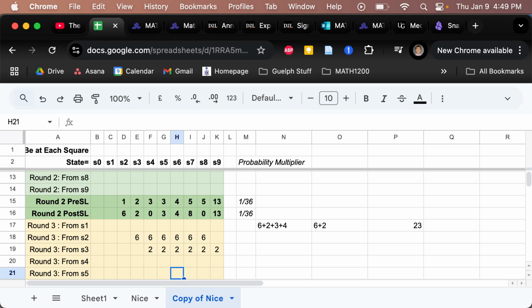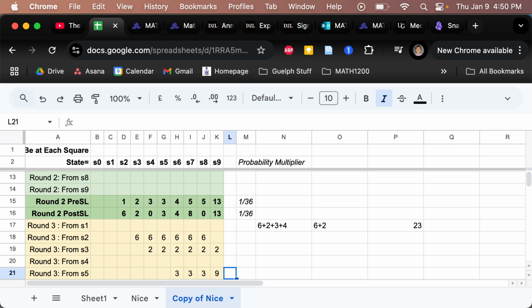Square 5, you get 3, 3, 3, and then I believe it should be 9. Right? So there's 5 ways to be at square 3, and then you can roll a 1 or 2 or 3 to get to 6, 7, and 8. And to get to square 9, you can roll anything higher than a 3. So you can roll a 4 or a 5 or a 6. There's 3 rolls that will get you there, and there were 3 ways to get to square 5. So 3 times 3 is 9 ways to get to square 5.